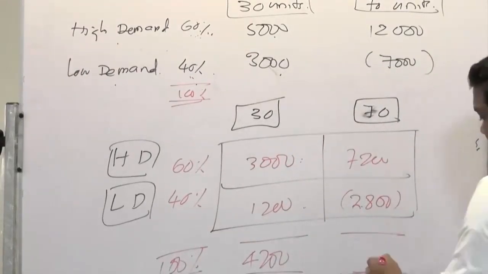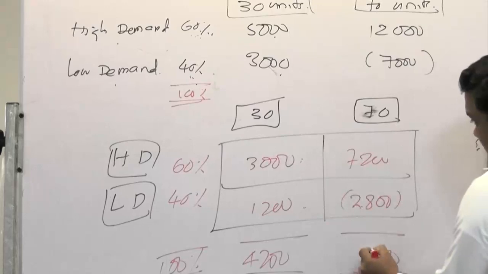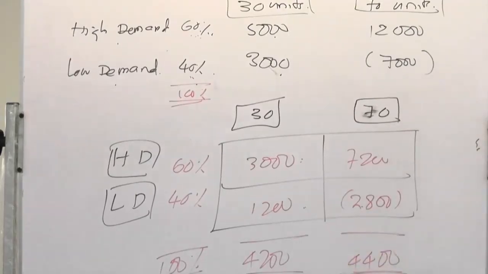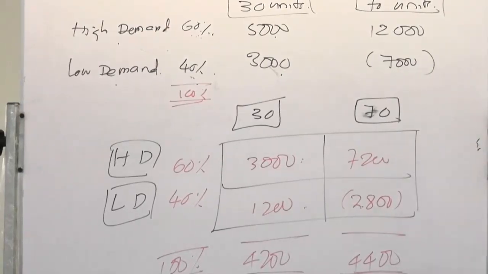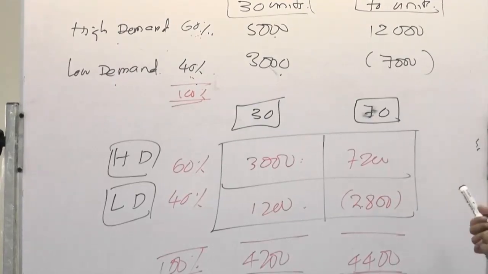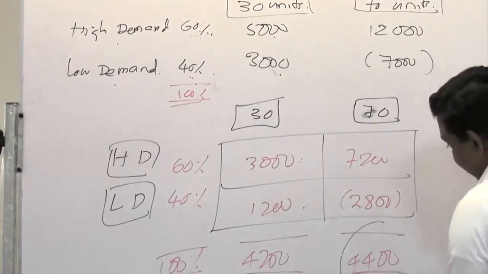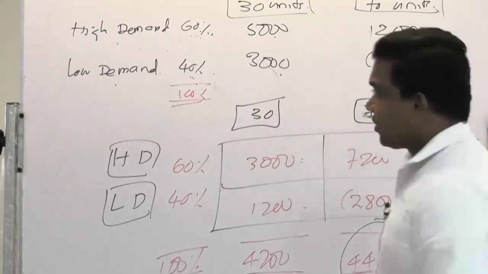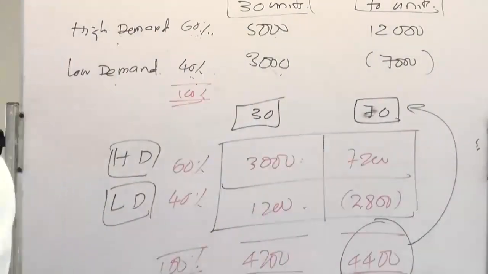Now, here total will be 4,400, right? Now, which you select? You need the highest profit. Therefore, this is the highest profit. You will select this. Therefore, what is the quantity? 70. Therefore, answer would be quantity 70, profit would be 4,400.